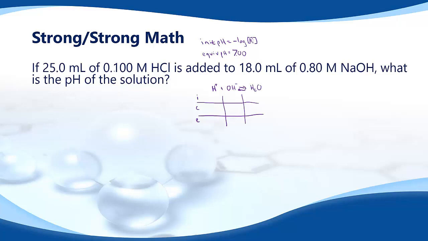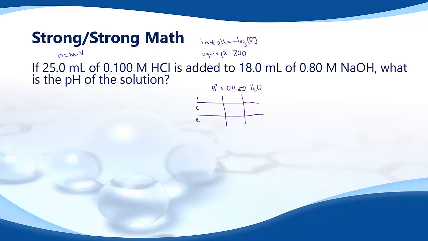So first thing I have to do is figure out how many moles of everything I have. Well, that's pretty straightforward. Moles equals molarity times volume, as long as volume's in liters.